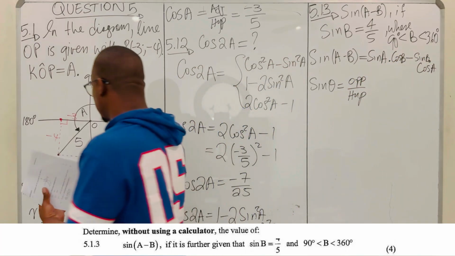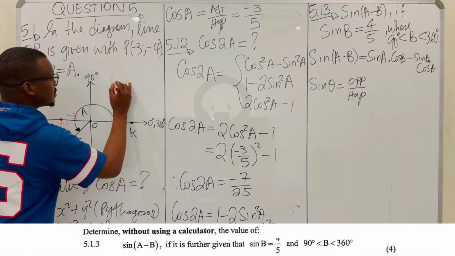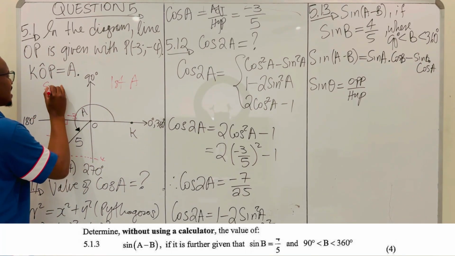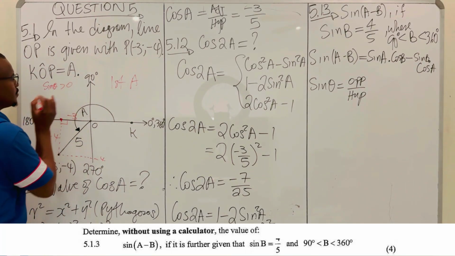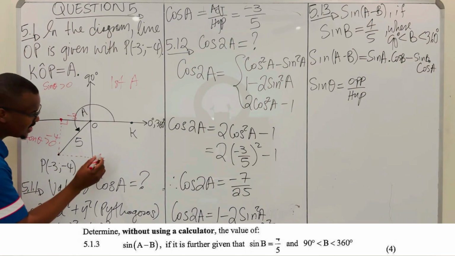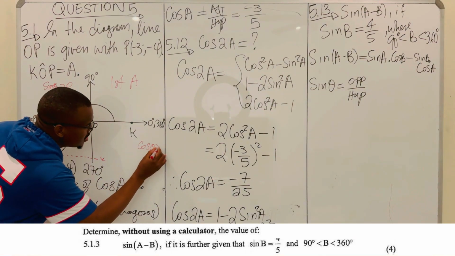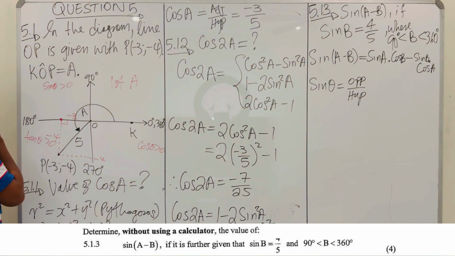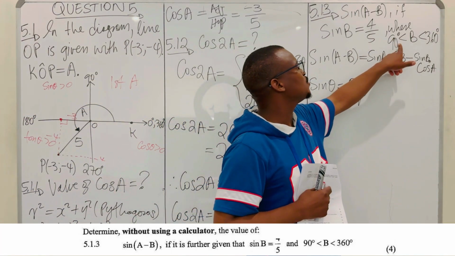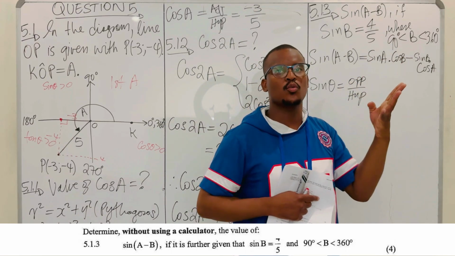And you know that here on the first quadrant, all your functions are positive. Here, only sine theta is positive, right? Here, only tan theta is positive, and there, only cos theta is positive. So, we said B is between second, third, and fourth quadrant.